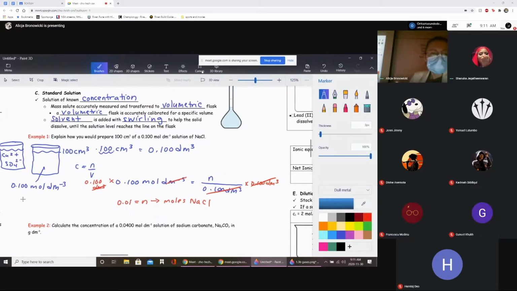So 0.01 mole times 1 mole, and the molar mass of sodium chloride is 58.44 grams. Equals 0.5844 grams NaCl. So significant figures, let's just say it's 3.